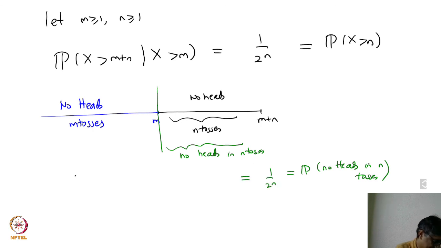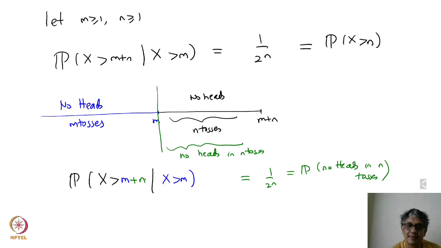I have the chance that x has no heads in the next n tosses, given that in the first m, I have no heads. So the idea is that it doesn't depend on what happened in the first m. It only depends on what happens in the next n. So this is called memoryless property. It has no memory.